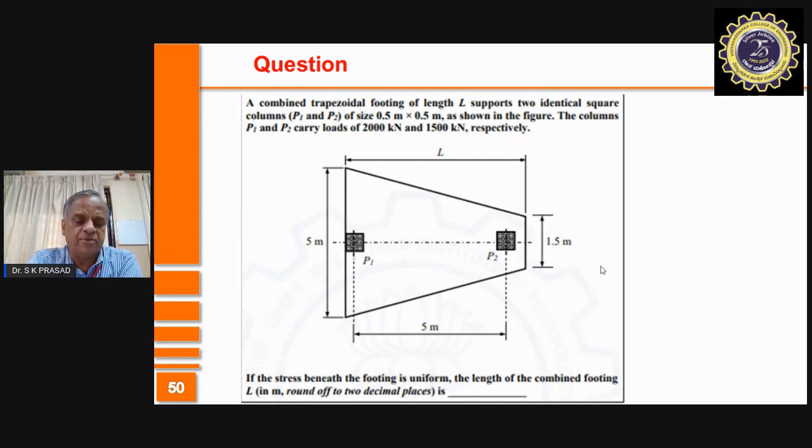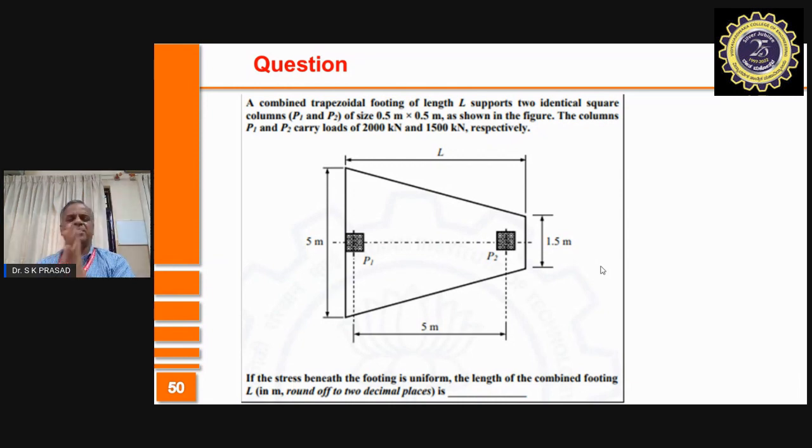All dimensions are given and you need to find out the length of the combined footing. The width at the higher end A is 5 meters, at the smaller end B is 1.5 meters.